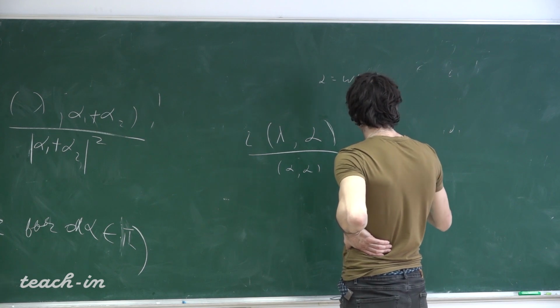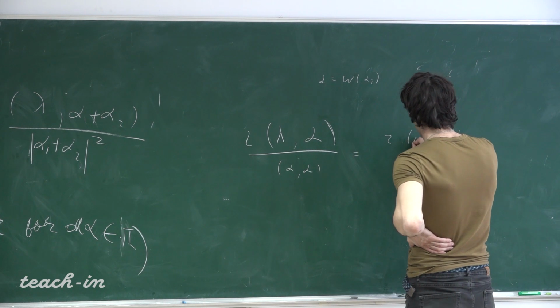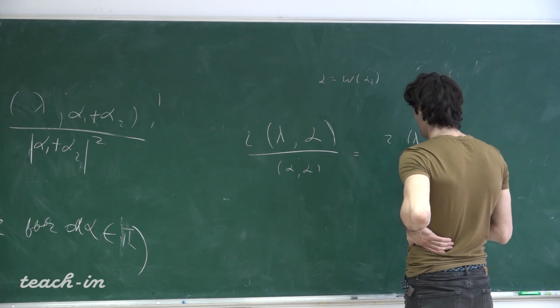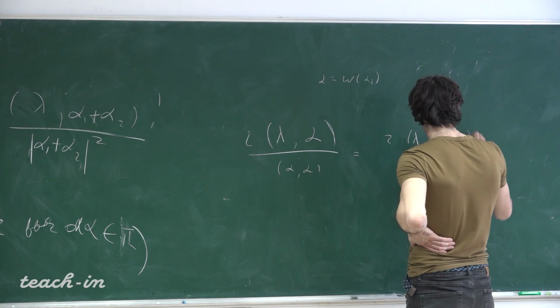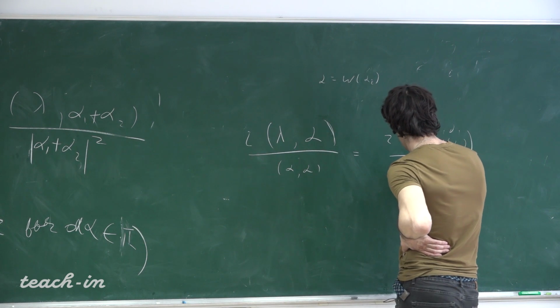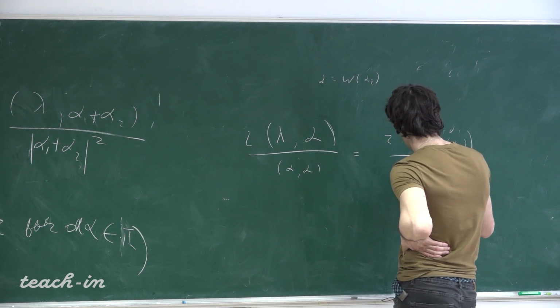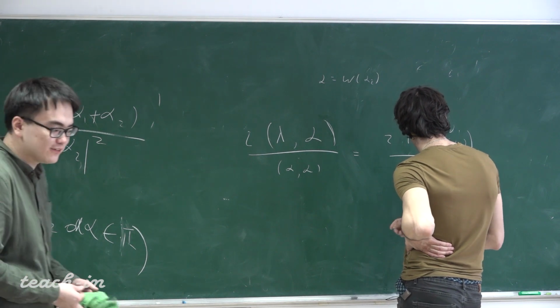So let's see. It's 2 lambda, W alpha I, and I can replace it with this. Okay, now I understand.